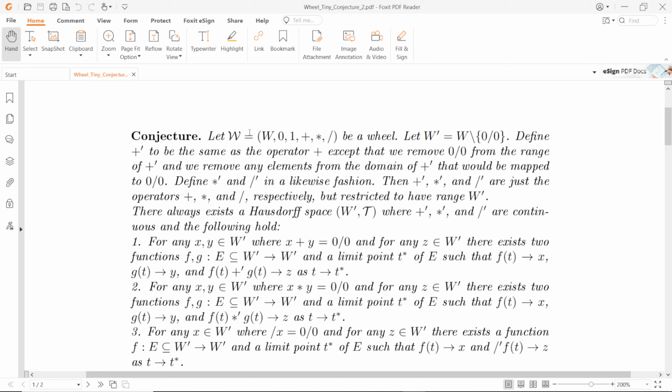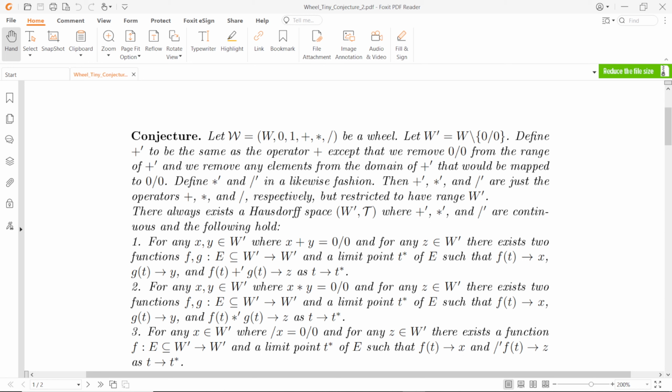So here's the idea. We have a wheel. We let W prime be the wheel minus omnity. We define restricted versions of the operators. These are just the operators of the wheel, but restricted to the wheel without omnity.